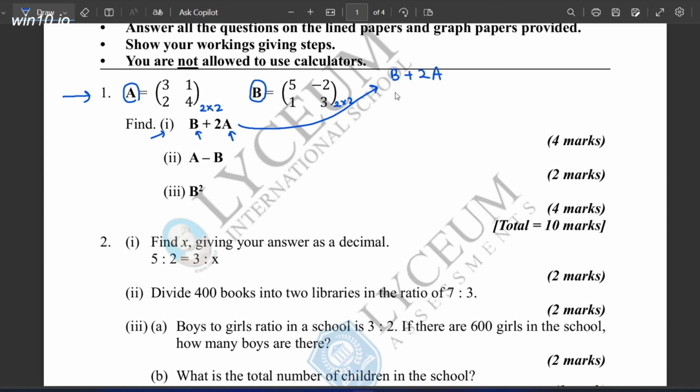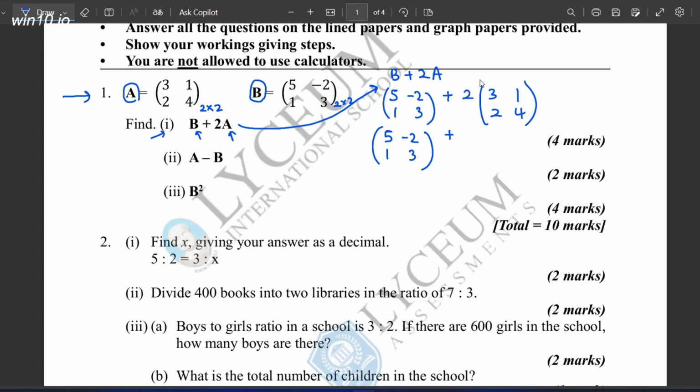Then B we can write as 5, minus 2, 1, 3, plus 2 times 3, 2, 1, 4. Okay, so 5, minus 2, 1, 3. Now we have to get 2 times A, no?